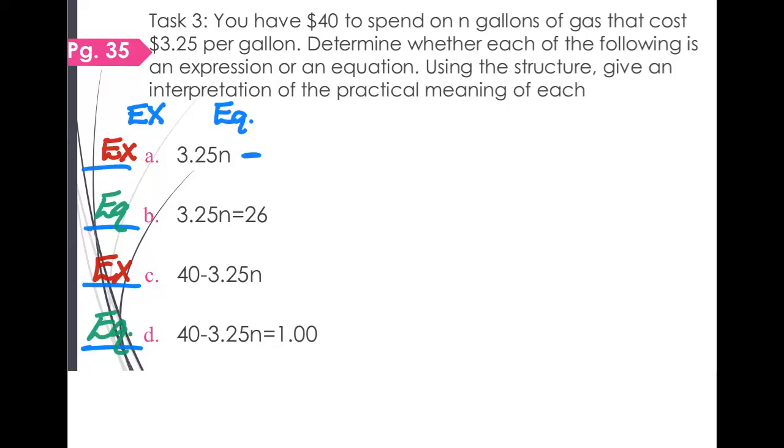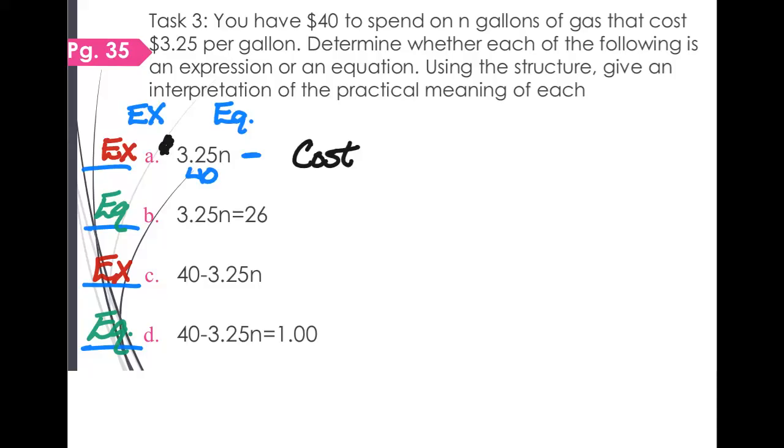Right. So let me say, and we don't know what it is because we don't know how many gallons we're talking about, right? But if I said this was the same as 40, how would you label 40? What is that 40? Who said that? Yes, both of you are right. So 3.25n represents the cost because 3.25, that's money, right?